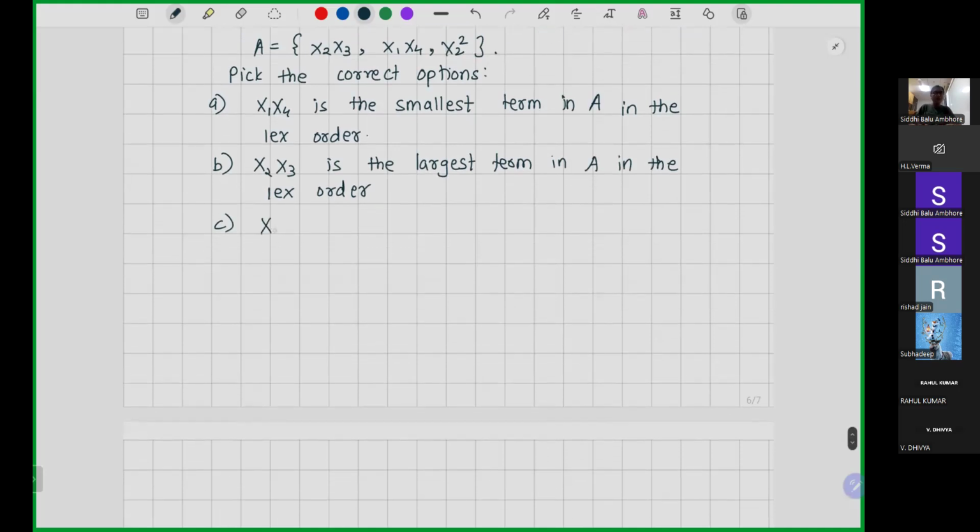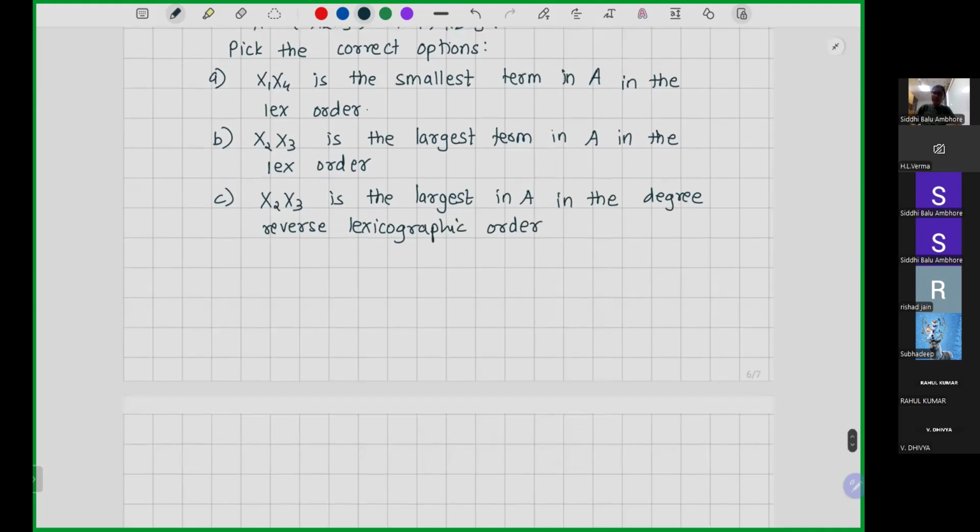Option A is x2x3 is the largest in the degree reverse lexicographic order. It is also in short form. I will be writing G revlex, because this is the short form used in Macaulay 2 to give a polynomial ring the degree reverse lexicographic order, or graded reverse lexicographic order.